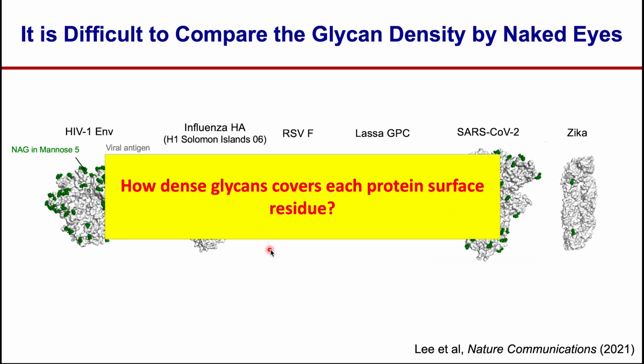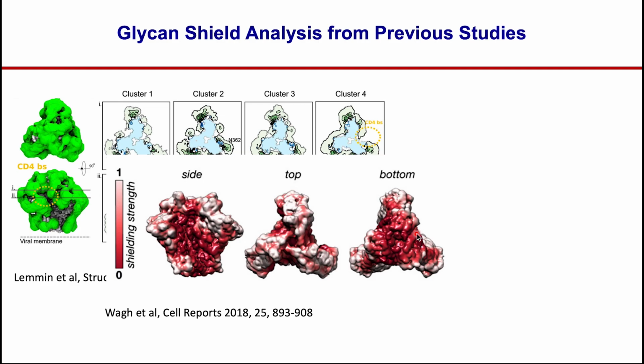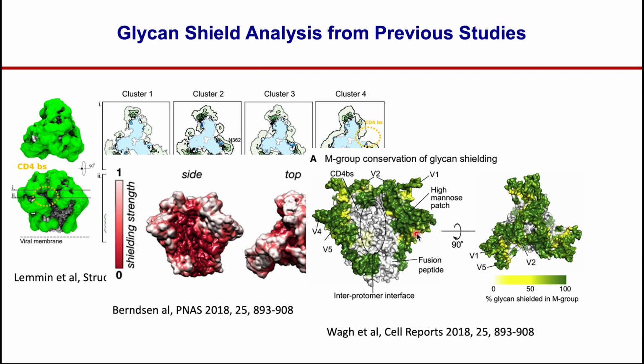So I found that it would be really useful if I developed a program that can actually quantify the glycan density, so that we can see how densely glycans cover each protein surface residue. I searched some of the literature, but I could not find any single work to computationally quantify glycan densities.